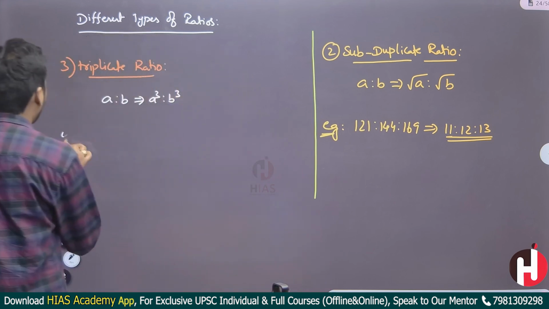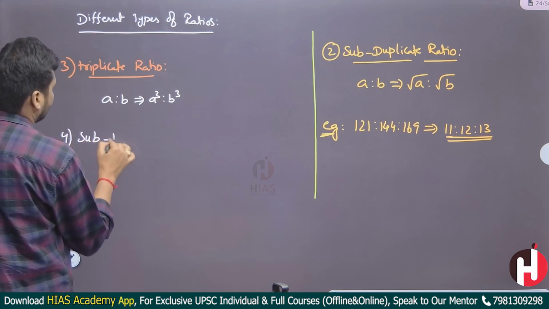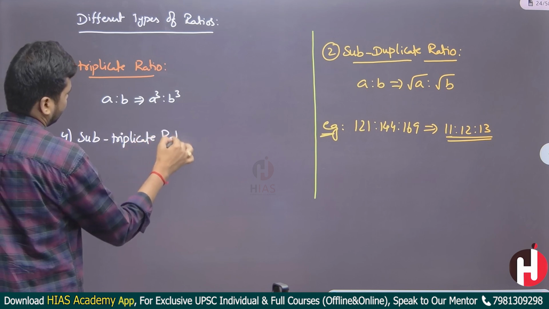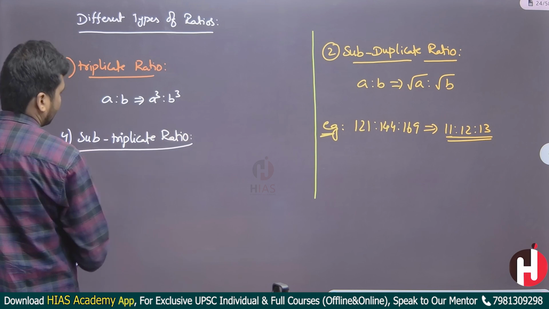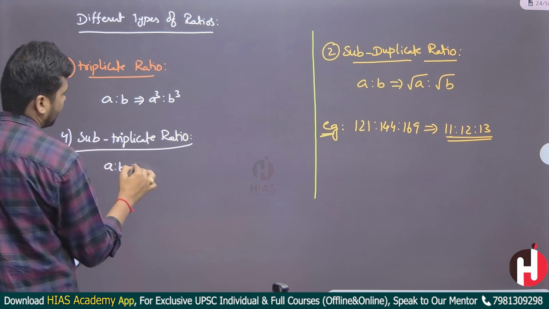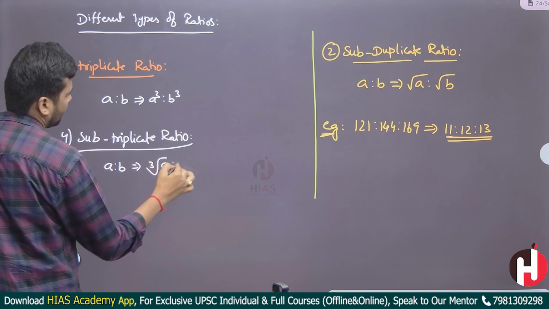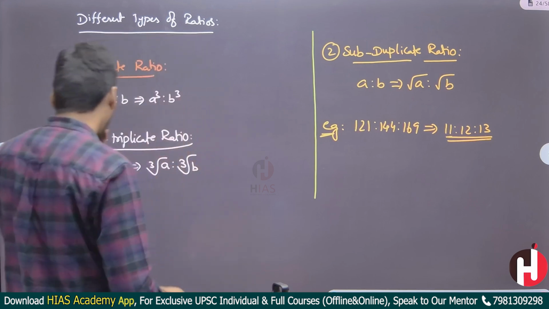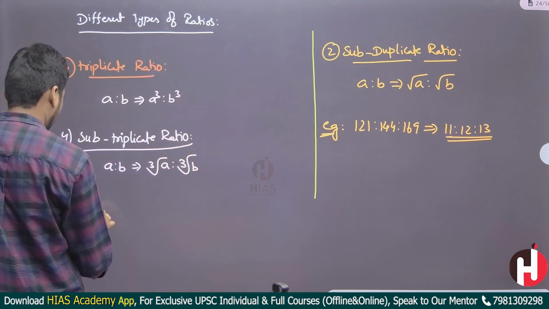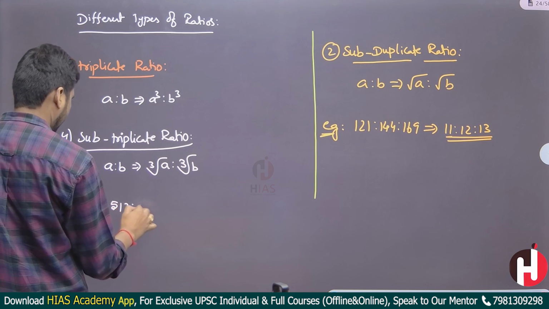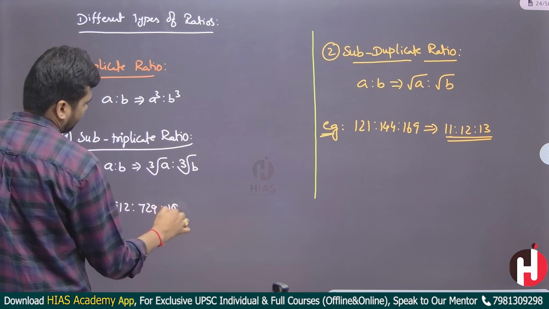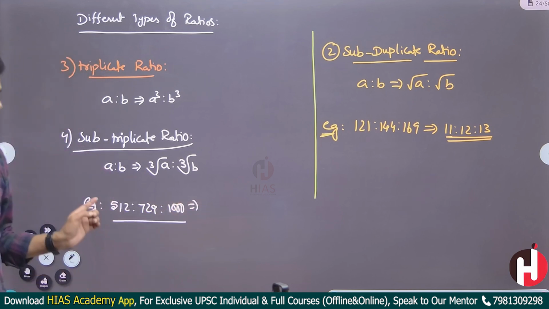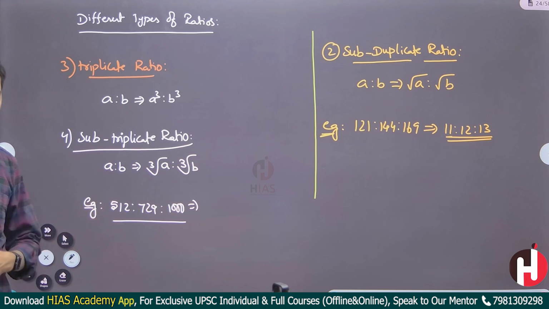Next, subtriplicate ratio. A is to B means cube root of A is to cube root of B. Okay, so if I ask you what is the subtriplicate ratio of 512 is to 729 is to 1000?